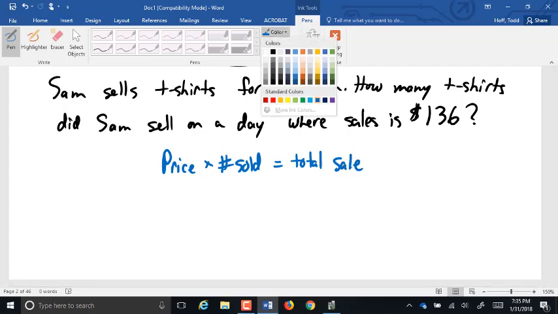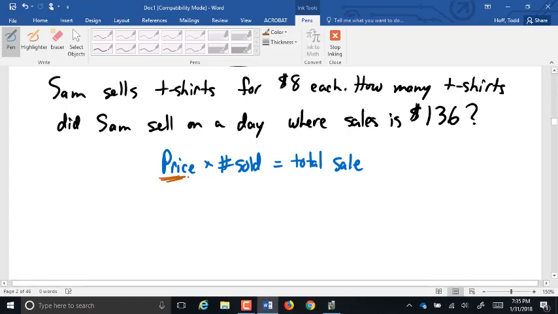So here, do I have the price? That'd be the $8 each, correct? They were $8 each. Do I know the number sold? No, I am looking for how many were sold. So that's going to be my X.